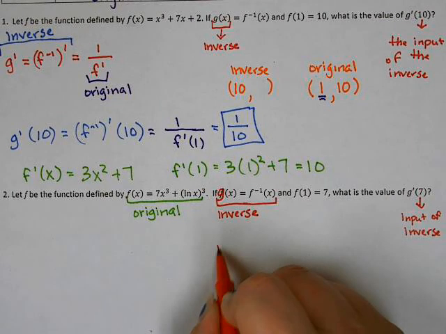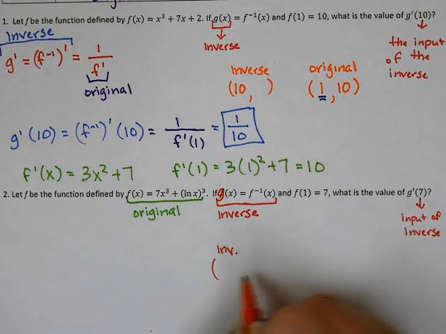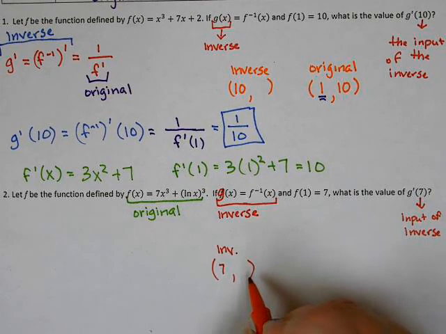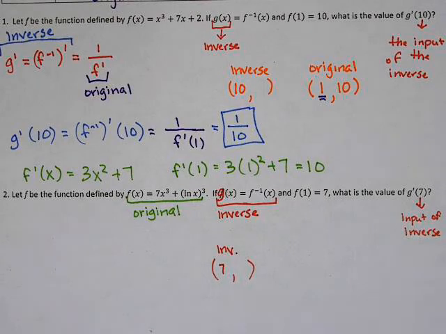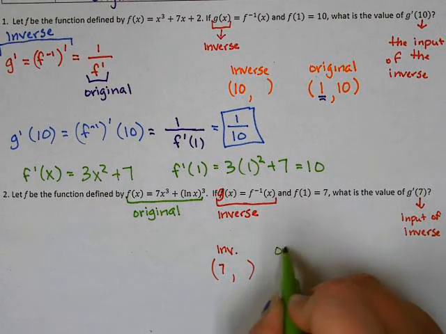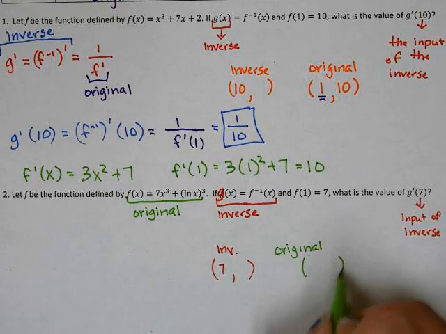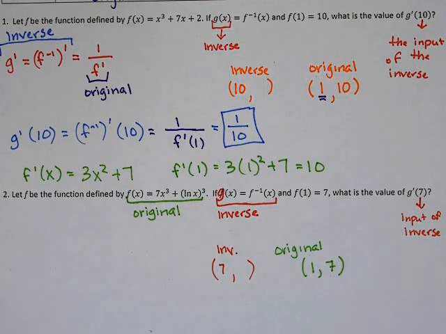So when I write my two coordinate points, I have inverse, I know is 7 and something. And in my original, I know that I was given the point 1, 7. Okay.